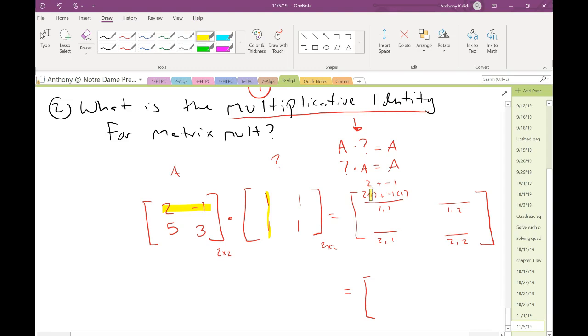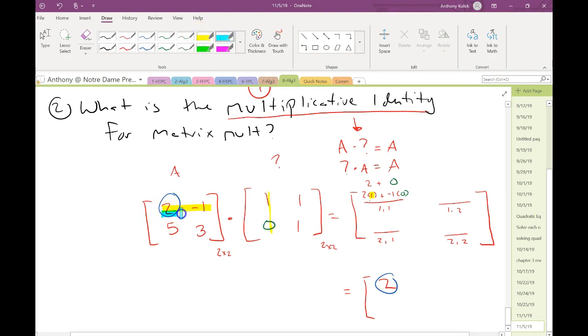Which value needs to change? This one or this one? The second one. What should we change it to? How about 0? That gets us 2 again, right? So now the first entries match. Cool.